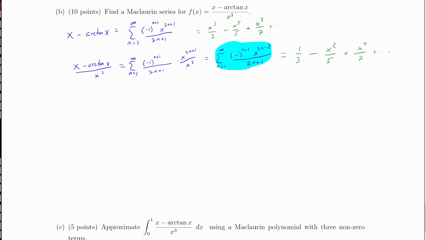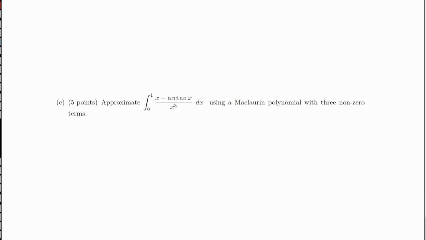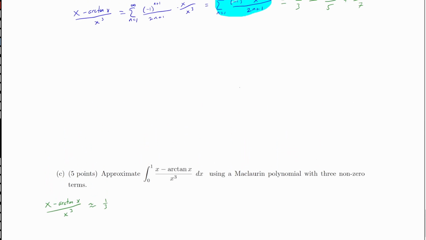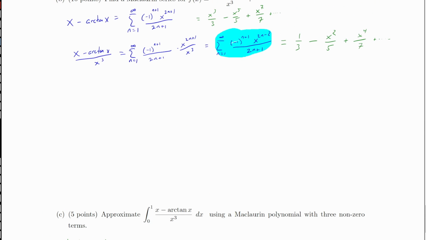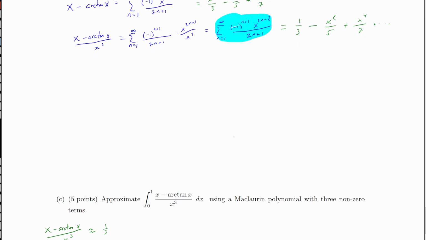So what we're going to say is, x minus arctangent x over x cubed is approximately 1/3 minus x squared over 5 plus x to the 4th over 7.